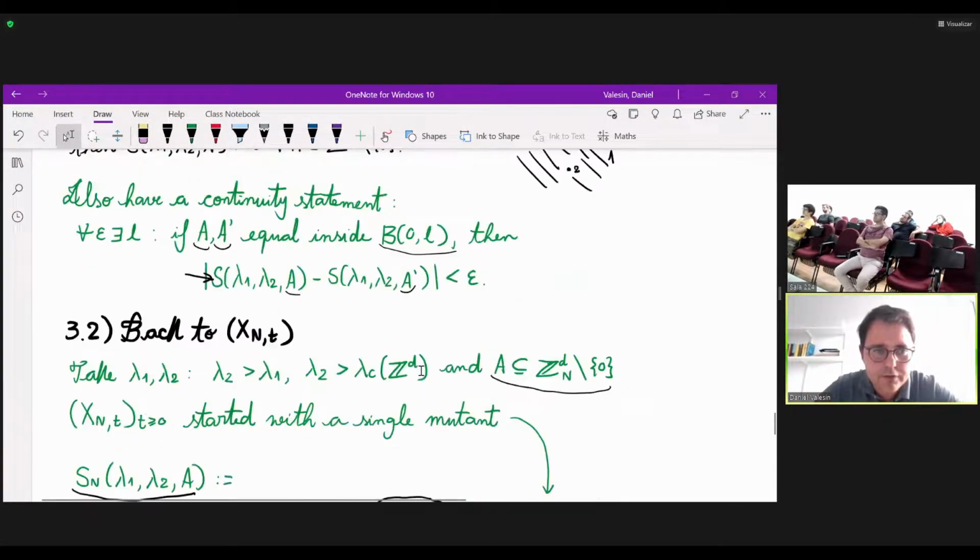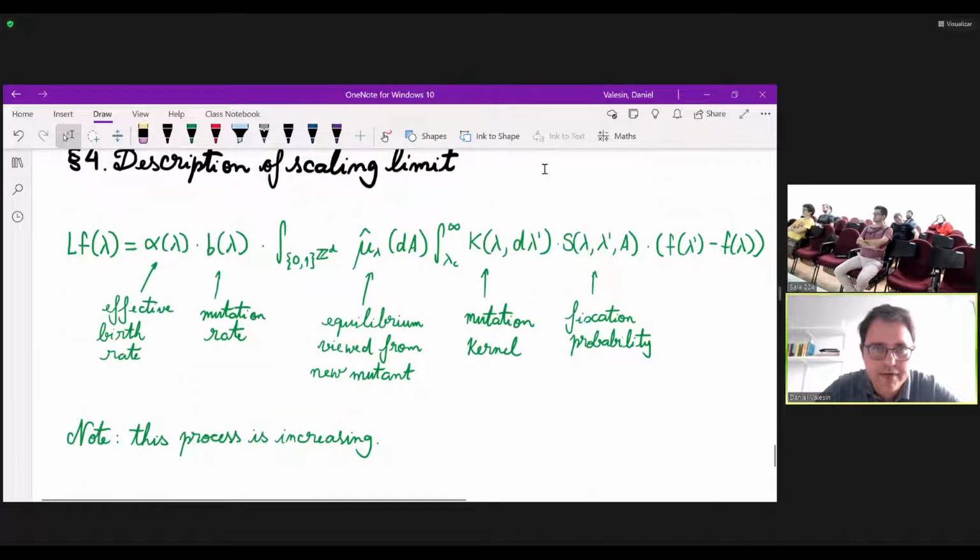So here's the generator. It's given by alpha, which is the effective birth rate, times b, which is the mutation rate associated to lambda. This is a parameter of the model. And then there is this integral. I sample a configuration A on {0,1}^{Z^d} according to the measure mu hat, the equilibrium of the infinite contact process on Z^d viewed from a newborn mutant.